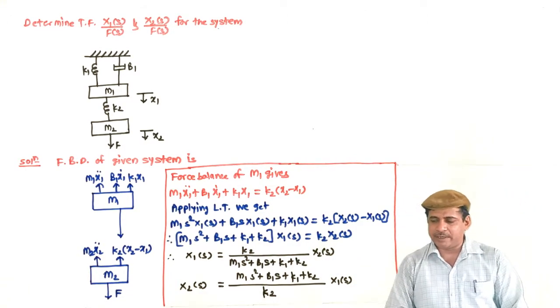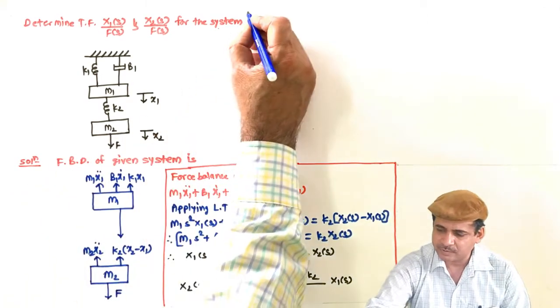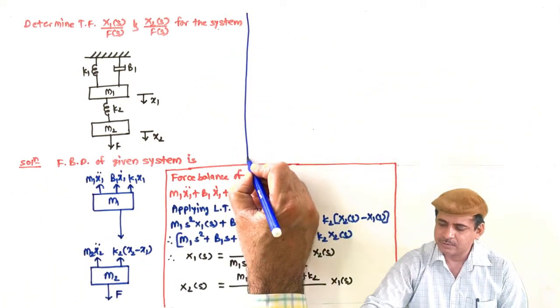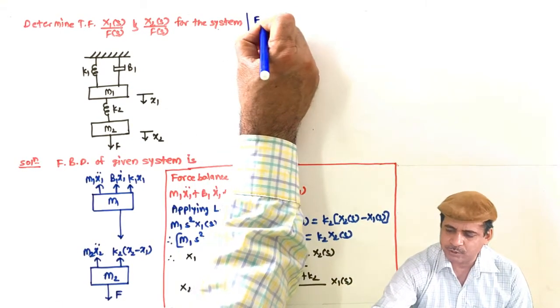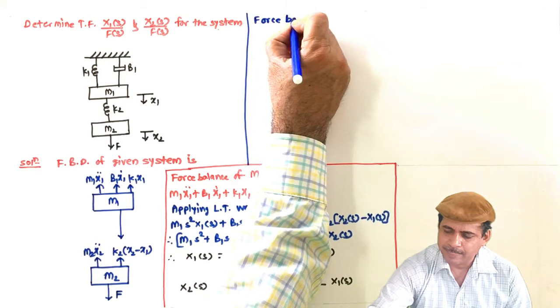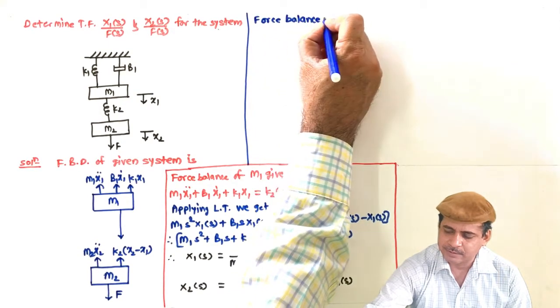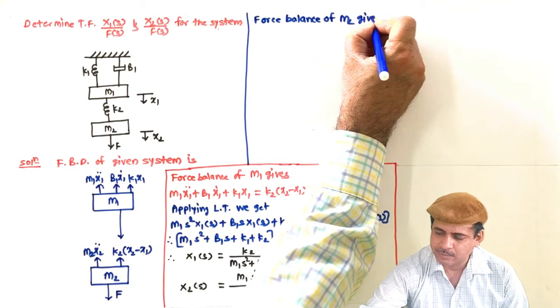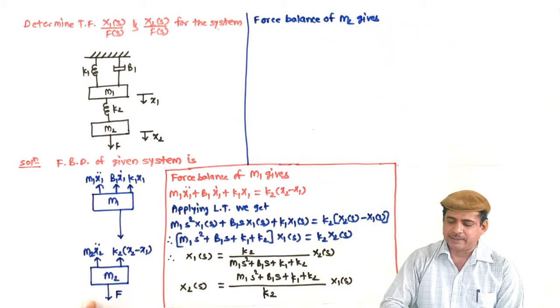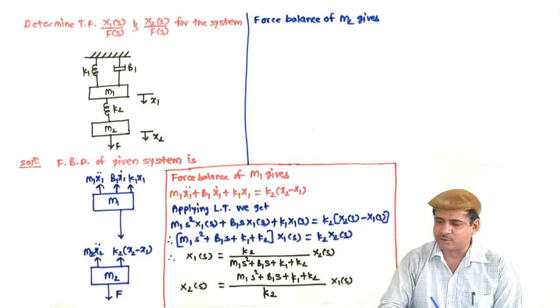So let us now write down the equation for body 2. Force balance of M2, body 2. What does it give? F will be counterbalanced by these two.